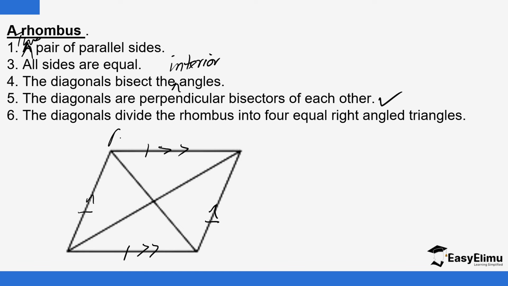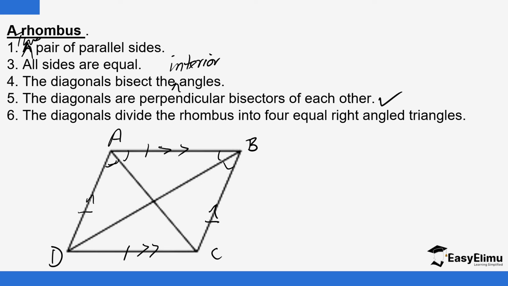Like if this is A, this is B, this is C, and this is D, diagonal AC is a bisector, so this angle here equals the other one there. The same applies to diagonal BD. This angle here equals this. That wasn't the case with the parallelogram.